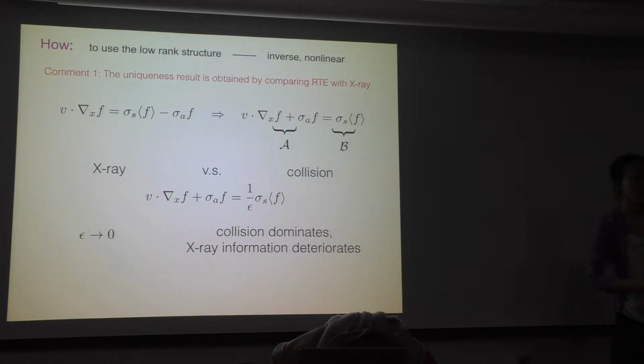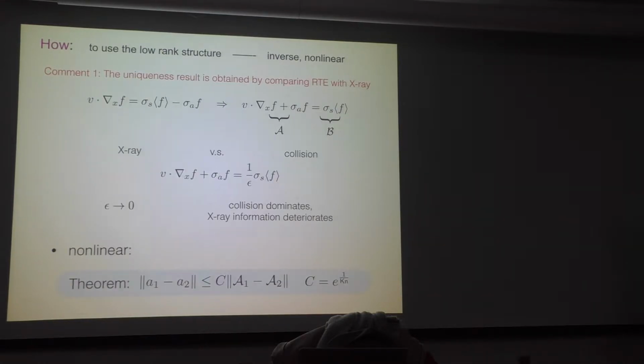X-ray is stable, and if you're further and further away from X-ray, yes, the reconstruction is worse and worse. So in the end, we get this nonlinear theorem that the reconstruction of my media is exponentially enlarged by the perturbation in my measurement.